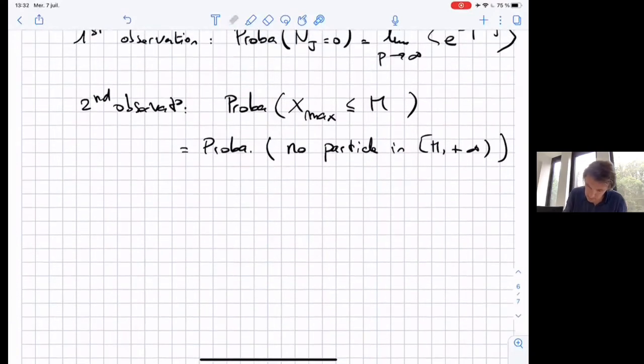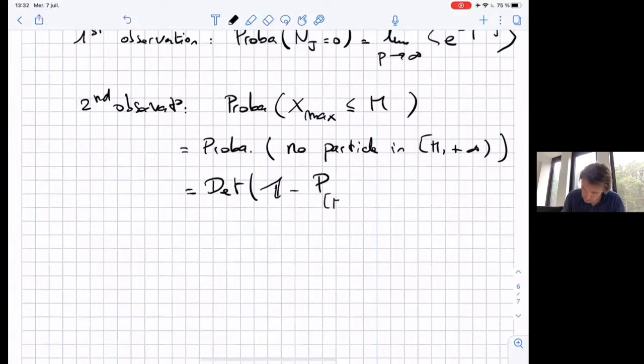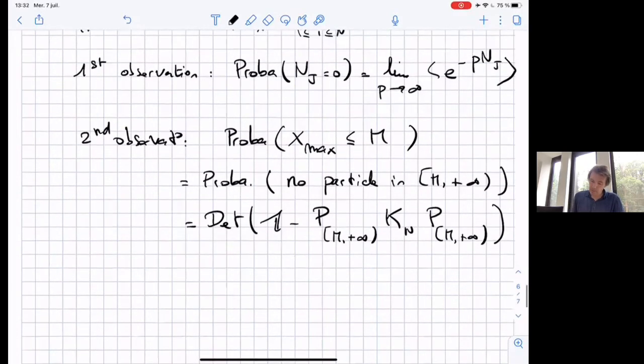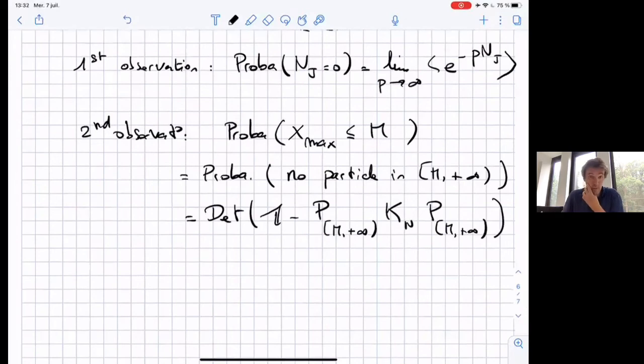So that will be a Fredholm determinant of I minus the projector on m plus infinity, Kn, times the projector on m plus infinity. That's really quite a powerful formula, and that was somehow the starting point of the Tracy-Widom formula.